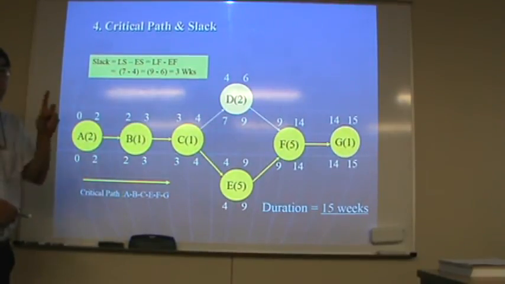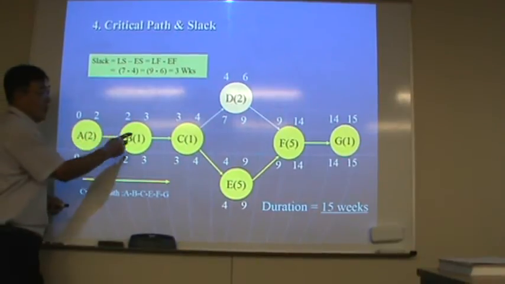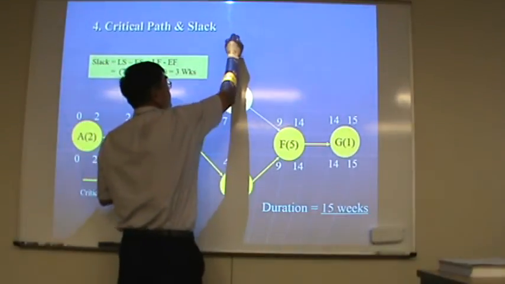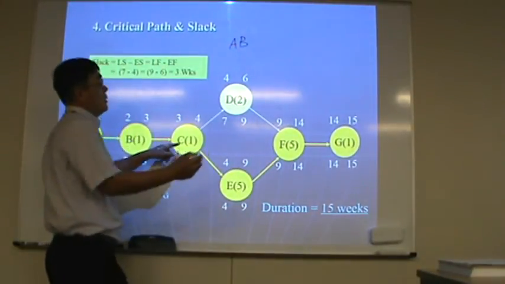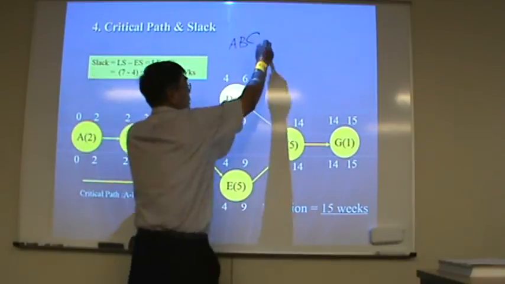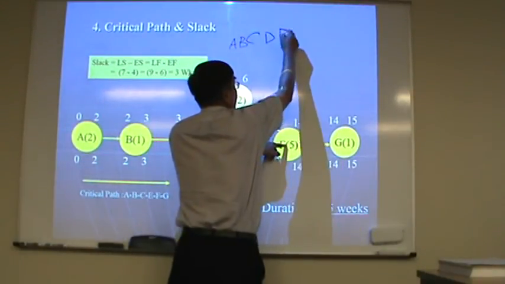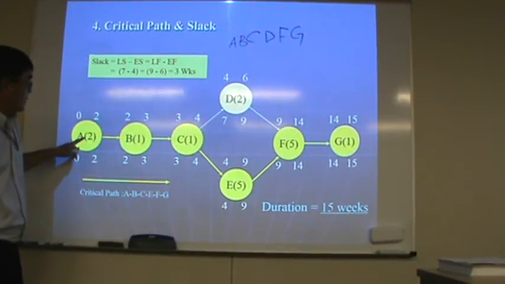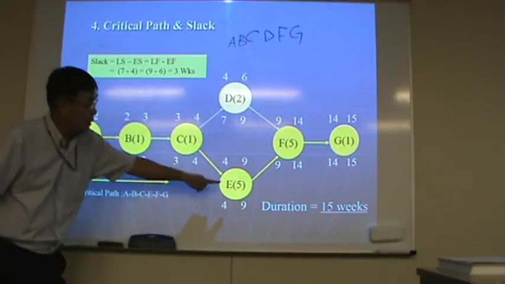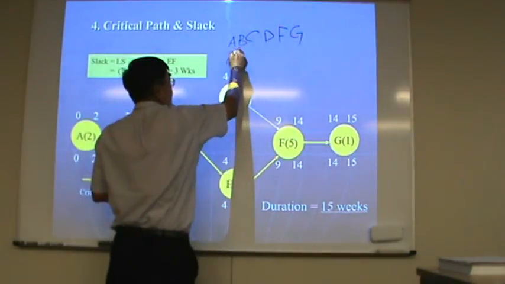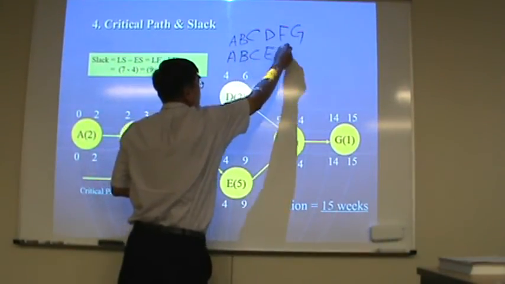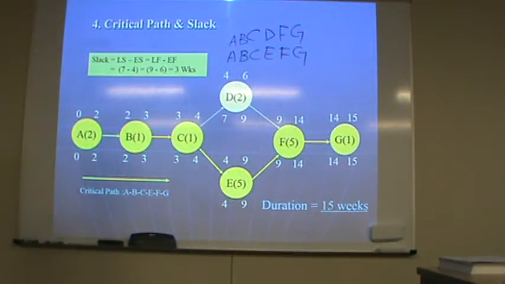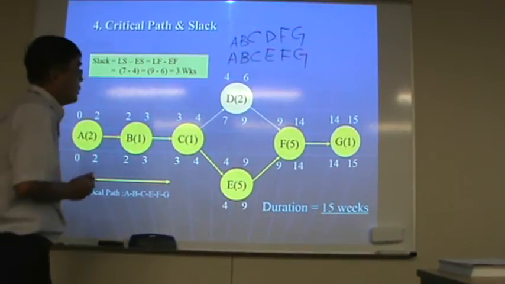One is A, B, C, D, F, G, and the other one is A, B, C, E, F, G. There are 2 paths, right?